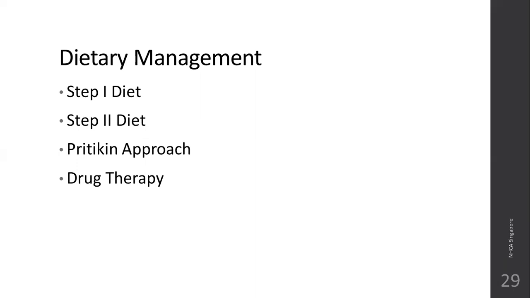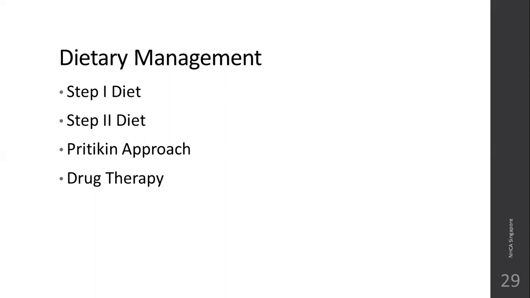For dietary management, there are different forms of dietary approaches. Usually, even if one person in your family has been diagnosed with hyperlipidemia, the entire family should switch their diet. That is the ideal way to prevent even more diagnoses within the family.